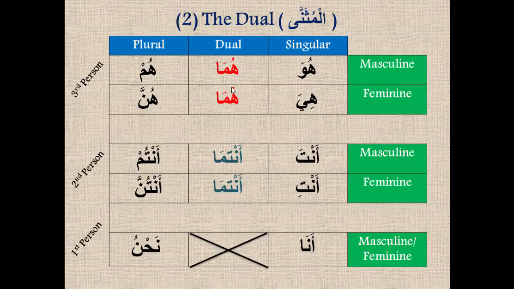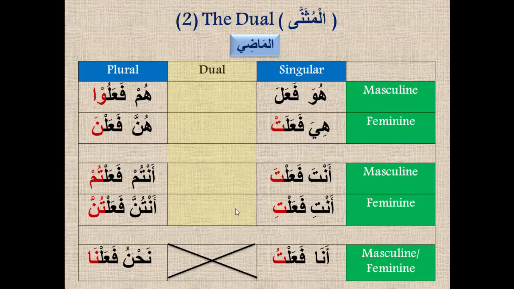Now, how do we distinguish between the genders if the pronouns are the same, if they are both huma and both antuma? The answer is based on context. Context will give you the clues and indications to tell us what gender is being used. So huma again means they two, and antuma means you two.